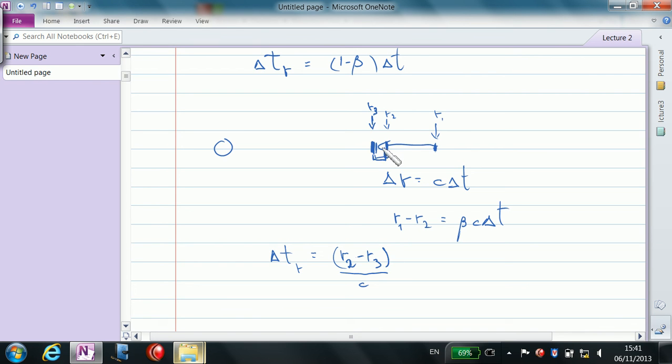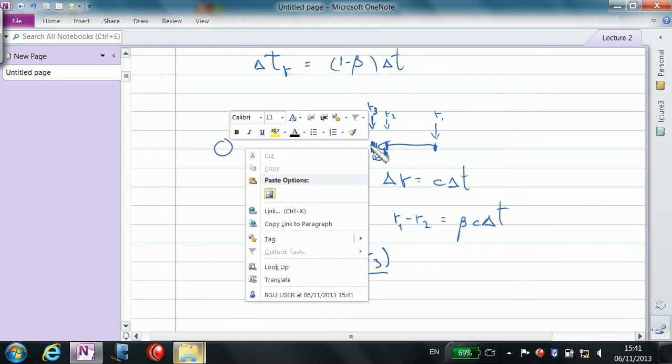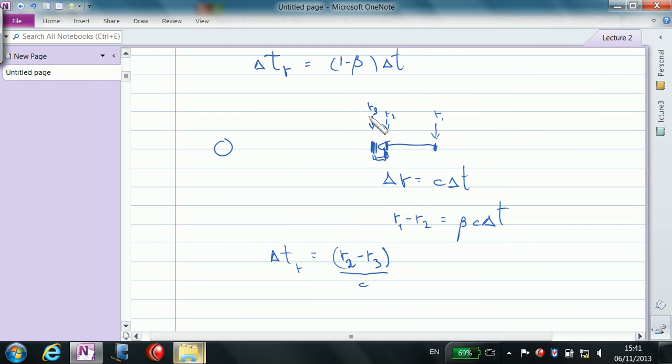That's the difference in arrival time between just a second. R3 is where the first light pulse was at the time the second light pulse was emitted.